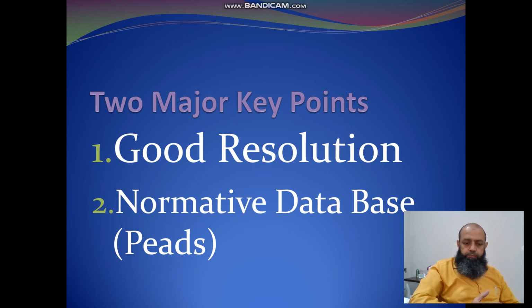So this normative database range should be larger. If any OCT is having smaller range, then the user will have to compromise on the results.